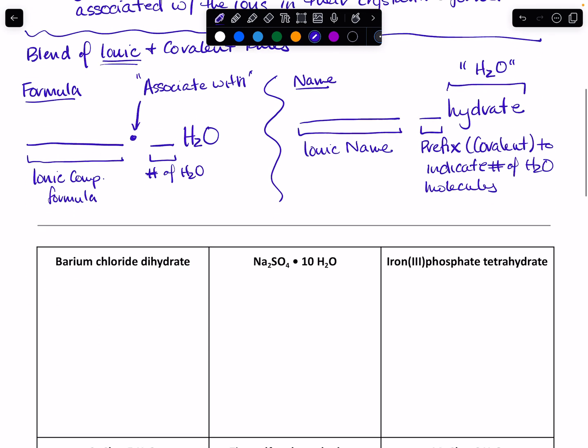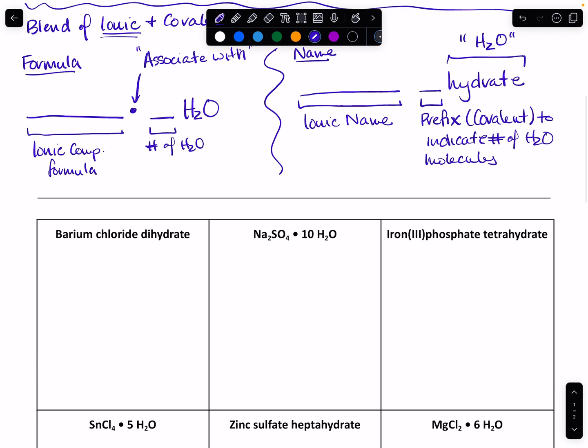Let's try a couple. We're going to go first from a name to a formula. We start with the ionic part, barium chloride. Barium's in group 2, so it's +2. Chlorine's in group 17, so it's -1. Cross those charges and we get BaCl2 for our ionic portion.